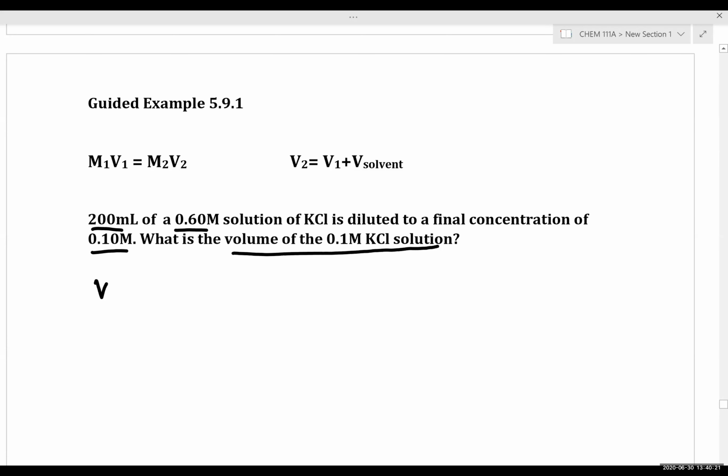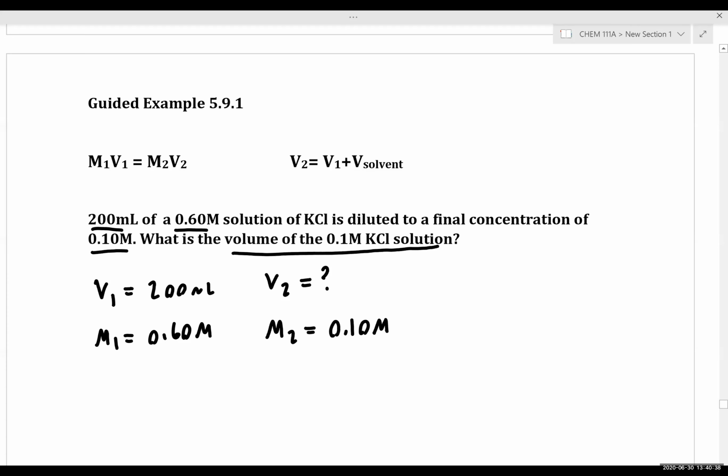So we know our initial volume is 200 milliliters, our initial molarity is 0.60 molar, our final volume is unknown, and our final molarity is 0.10 molar.